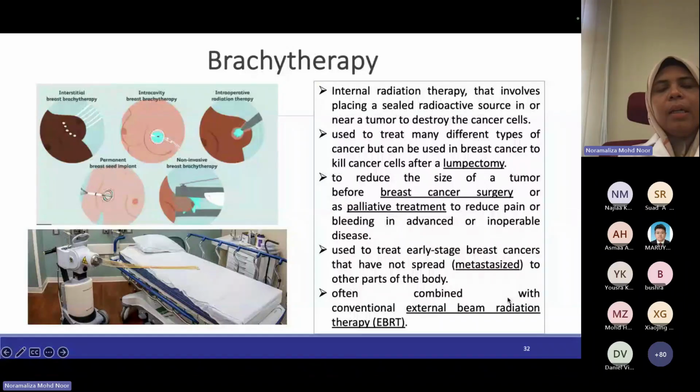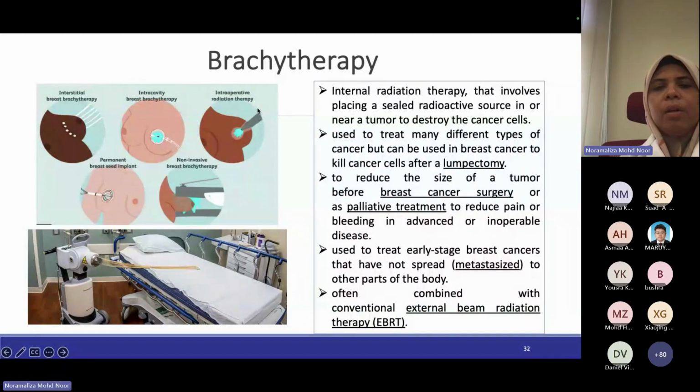And then the other one is internal radiation therapy, which uses a sealed source to destroy the cancer cell, known as brachytherapy. There are a lot of diseases that can be treated using brachytherapy. One of them is breast cancer. Usually we combine it with surgery: after the lumpectomy, we do the brachytherapy.